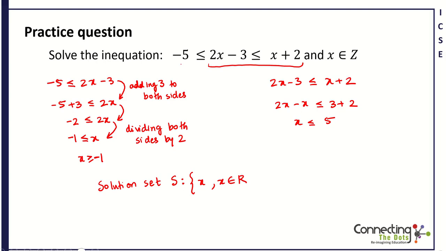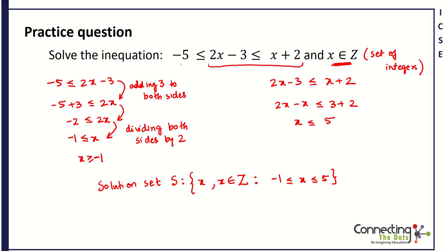It consists of values where x, I'm sorry, is not a real number. It should be Z, because it's given that x belongs to the set of integers. So Z represents the set of integers such that minus 1 is less than or equal to x, and that is less than or equal to 5.